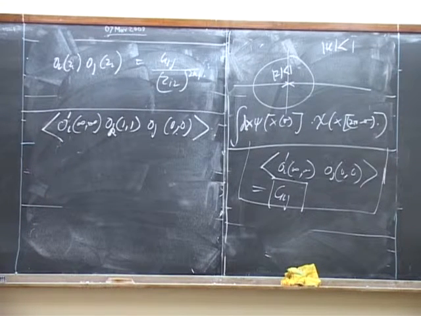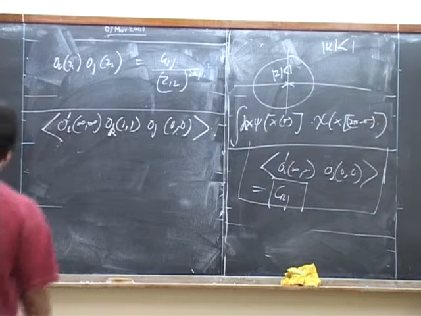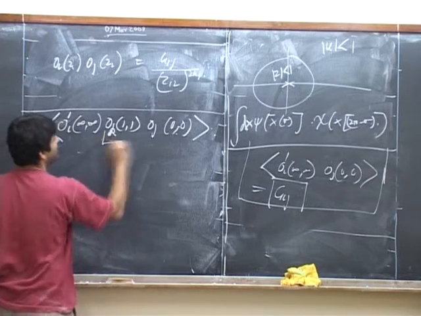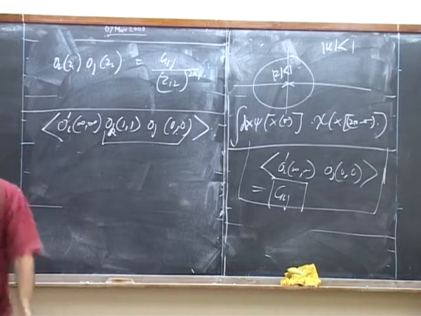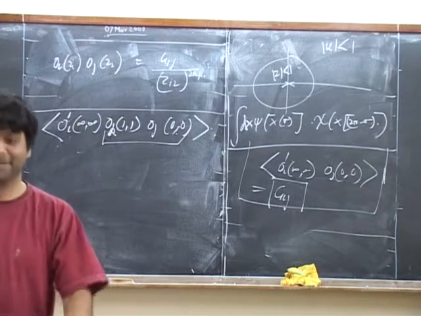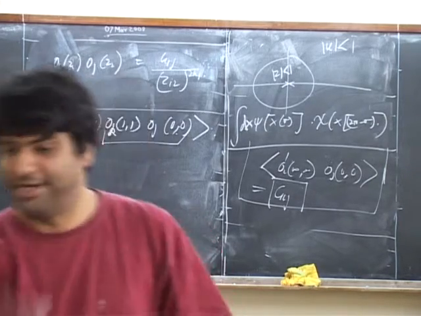In order to compute this object, what we're going to use is the operator product expansion. We take the OPE between these two guys, being thought of as being nearer to each other. They're clearly nearer to each other than to any other operator insertion.